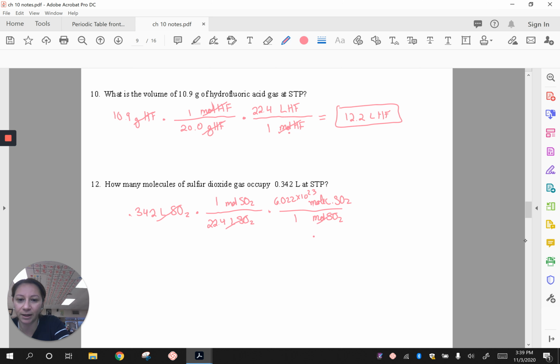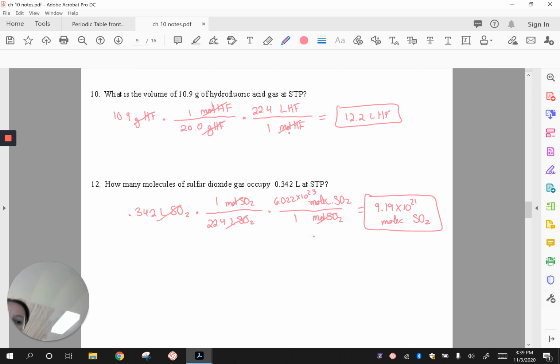My moles will cancel. So I take 0.342 divided by 22.4 times 6.022 times 10 to the 23rd, and I multiply them all together. I get 9.19 times 10 to the 21st molecules of SO2. And that's my answer.